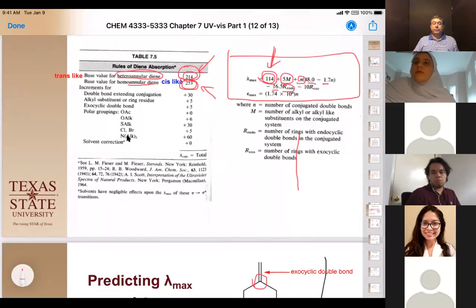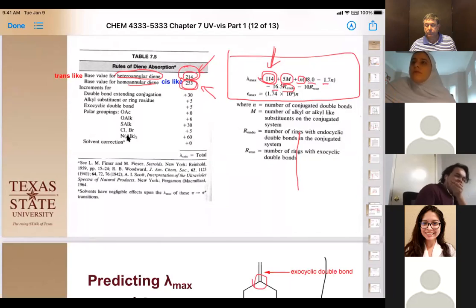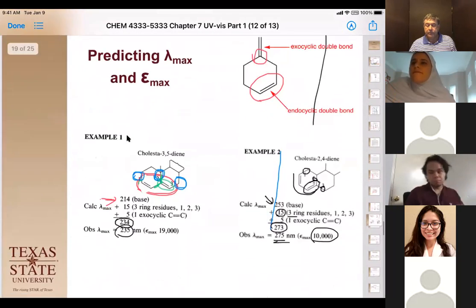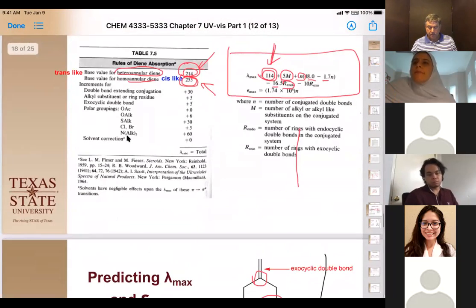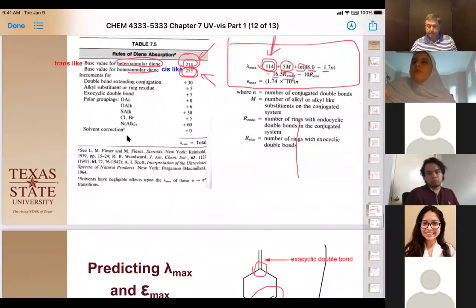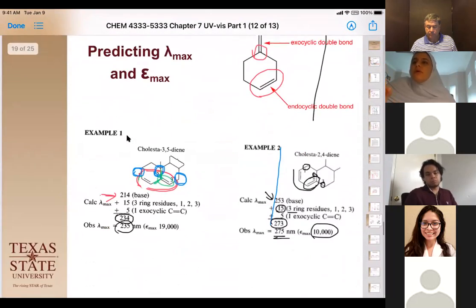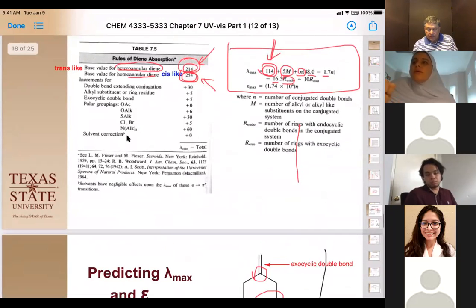Yeah, I was thinking that we just have to replace this thing, but we have to use all the other values as well. Yeah, all the other values are in this equation, as well as the n times 48.0 minus 1.7, and we are not using that in this equation.